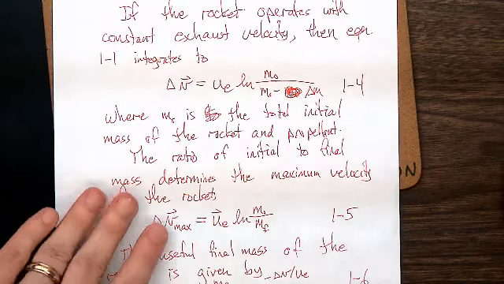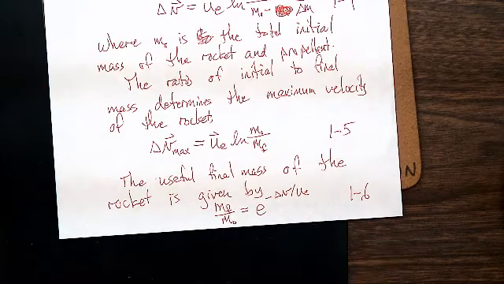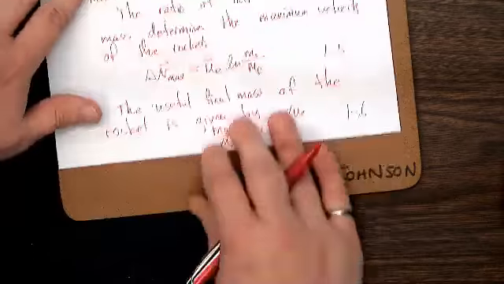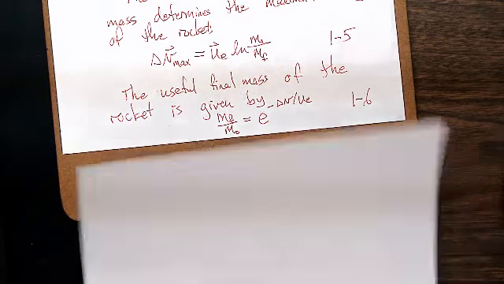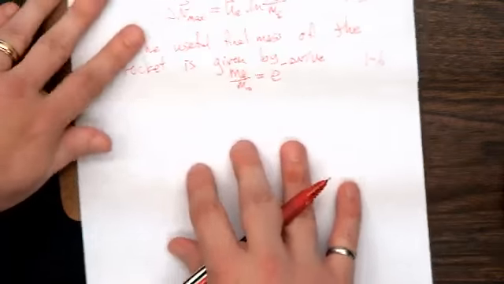Equations 4, 5, and 6 are commonly referred to as one form or another of the rocket equation.